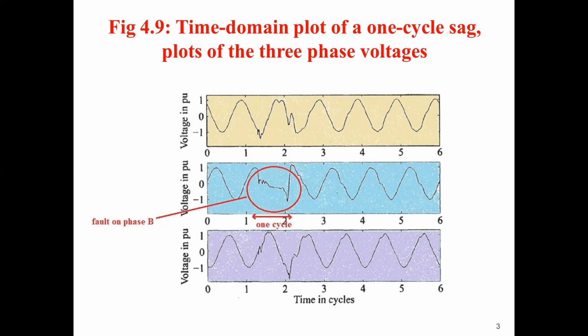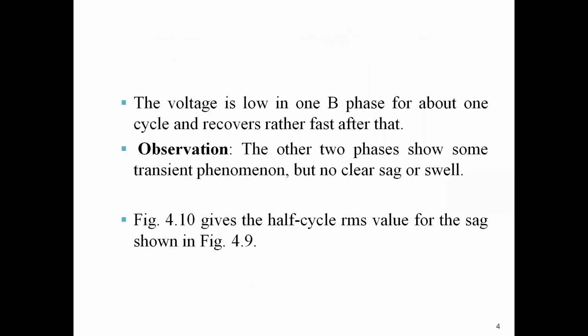So this is one type of voltage sag for three phase, especially when fault is appearing on one phase. The voltage is low in phase B for about one cycle and recovers faster after that. The observation is that the other two phases show some transient phenomena. Why are we calling it transient phenomena?